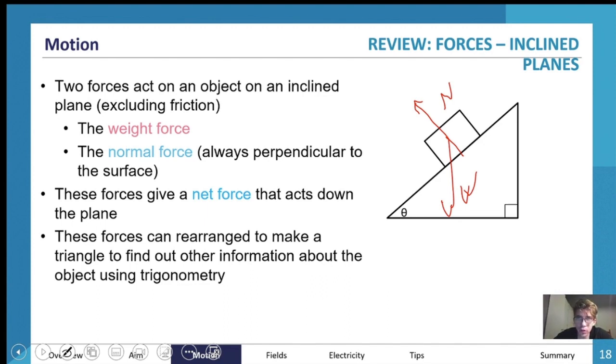So the normal force acts perpendicular to the surface, and the weight force acts from the center of the body straight down. Now combined, these forces will provide the net force, which is going down.